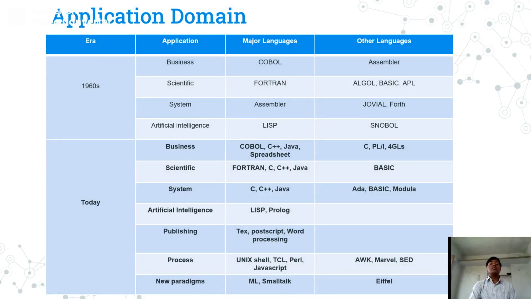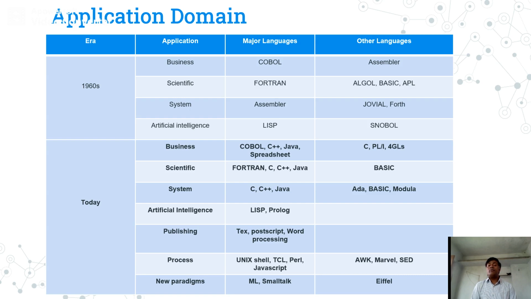During the early 1960s, languages were divided based on applications. In the 1960s era, for business type applications, the major language used was COBOL, and other languages used assembler.